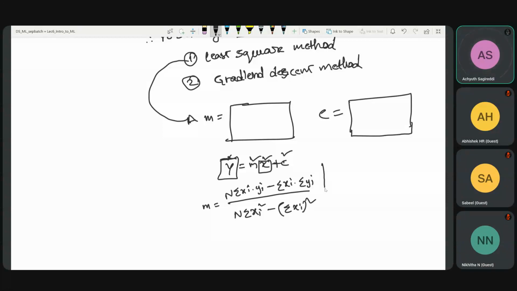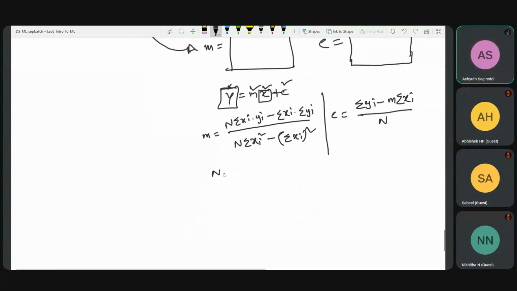This is the m value. The c value equals summation of yi minus m into summation of xi, divided by n. Here n corresponds to the number of examples.